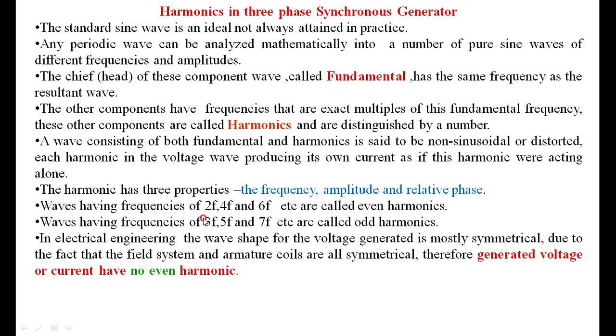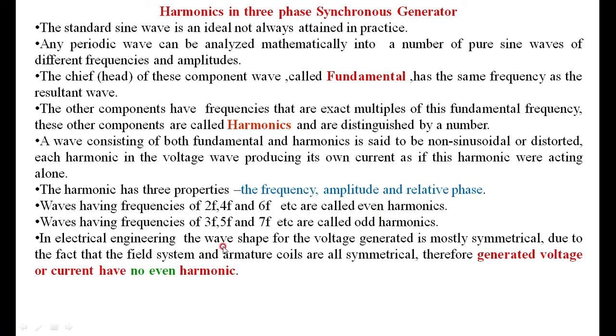Waves having frequencies of 2f, 4f and 6f etc. are called even harmonics. Waves having frequencies of 5 times f, 3 times f or 7 times f contain the odd components of the harmonics, and therefore they are called odd harmonics.